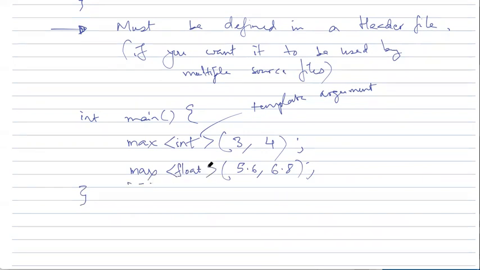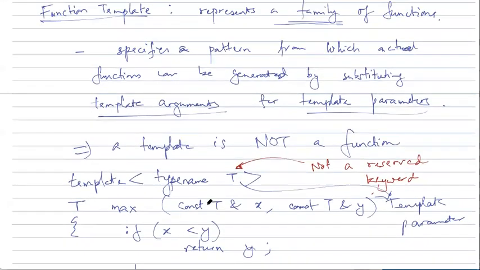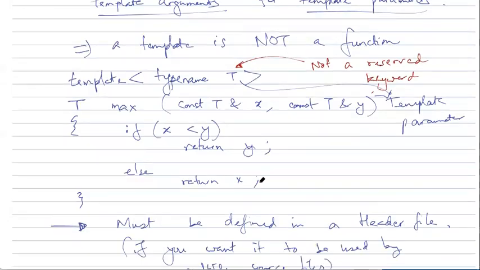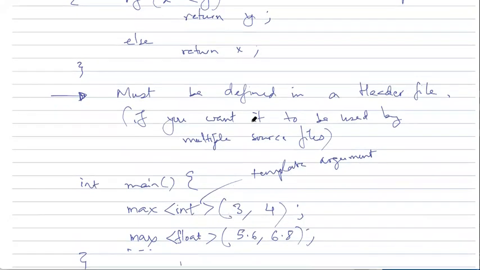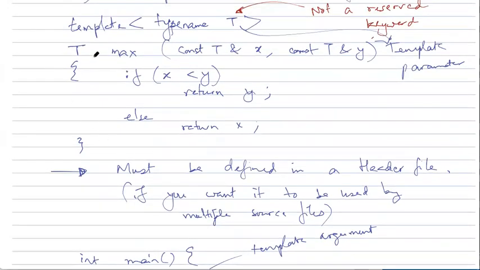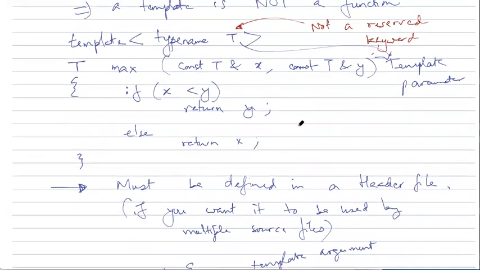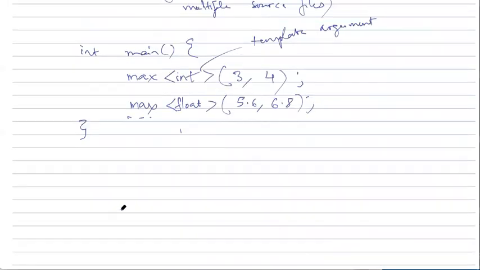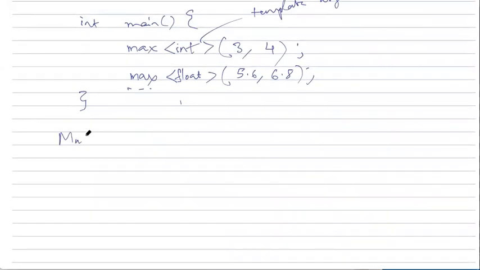The advantage of this is that you don't have to write 10 different max functions when you have 10 different utilizations based on the different types that you have got. You're only writing one function template, and based on that all the others will be automatically generated. Okay. Now, of course, you can have multiple template parameters.